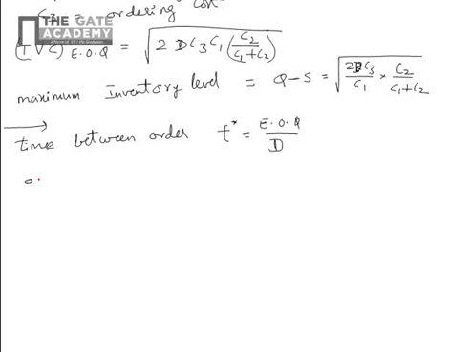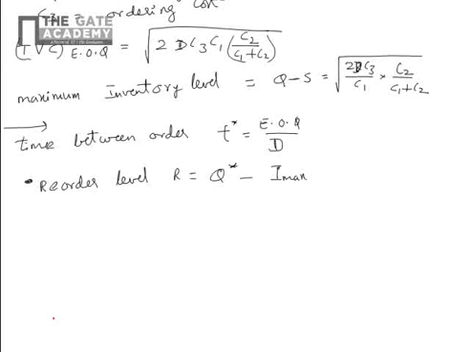Next, reorder level. R is equal to Q star minus S, that is, Q minus maximum inventory level. So that's about shortages.